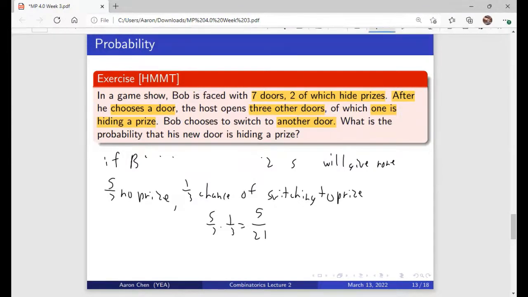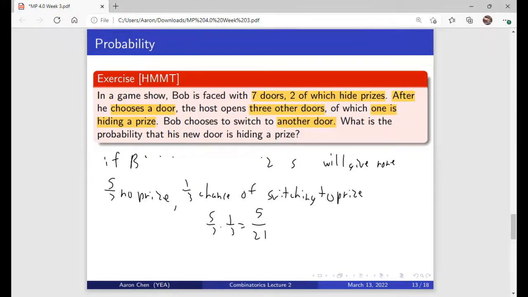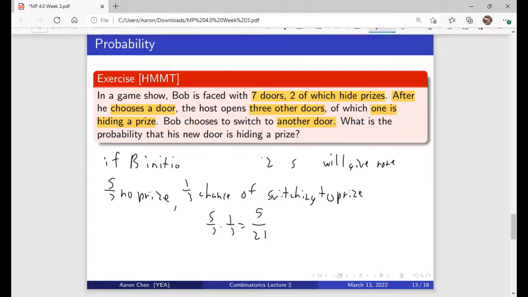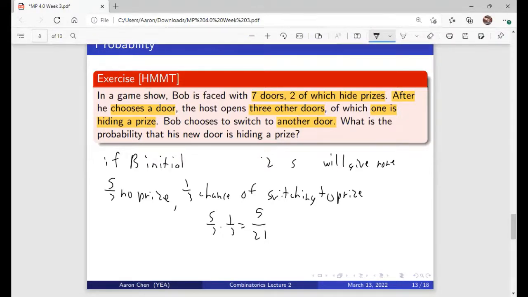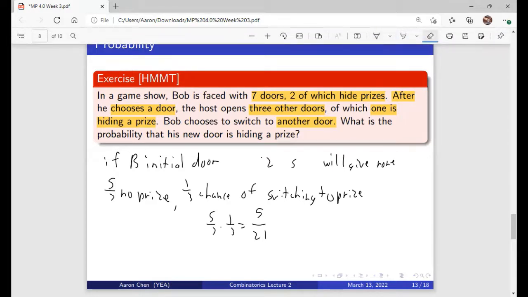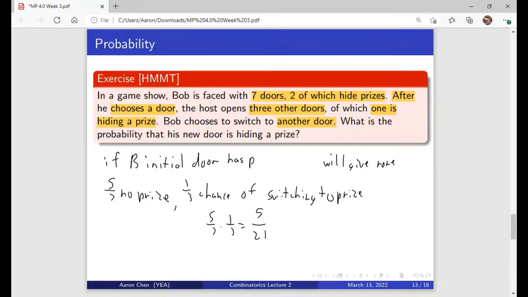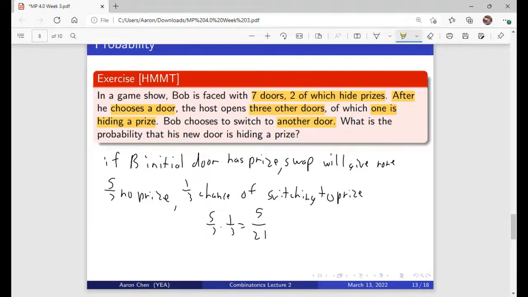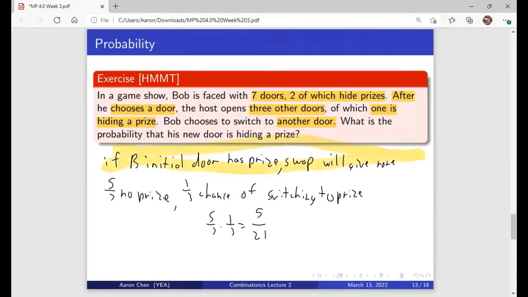If Bob's initial door has prize 1. So yeah, if the neutral door has a prize, well then his swap won't give him any more.